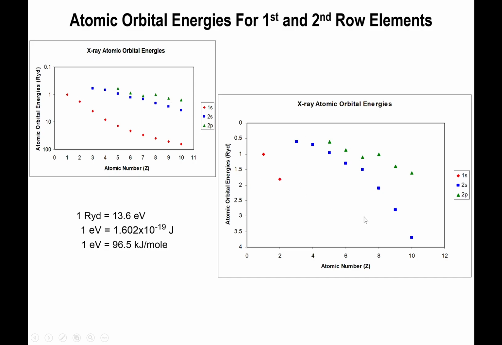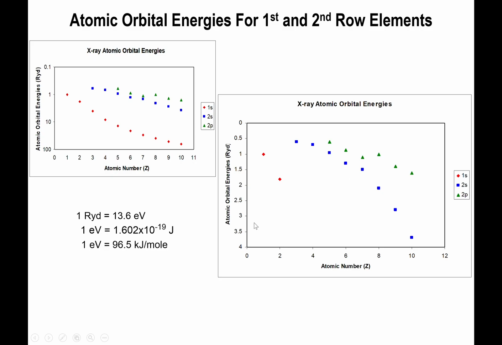If you focus solely on those and get rid of the 1s for elements on the second row, because those energies are way down there, they're basically core electrons, you get a relatively decent view of where the actual orbital energies are going to be.